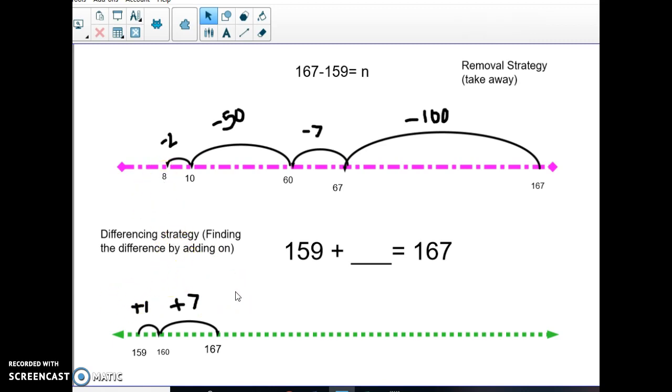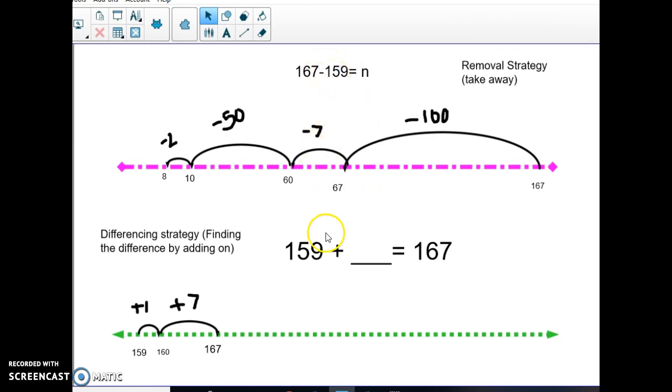Now, because the numbers are so close together when I'm subtracting, 167 and 159, you're going to find that sometimes the adding on strategy can be more efficient than the removal strategy. However, you might want to use the removal strategy when, let's say, you have 167 minus 45, or a smaller number as your second number.